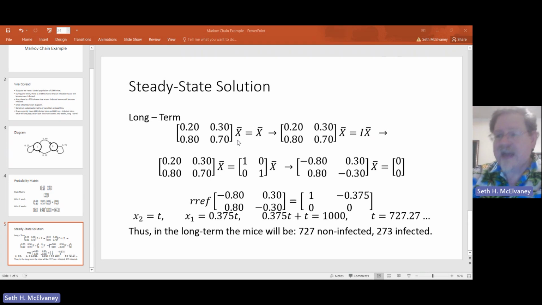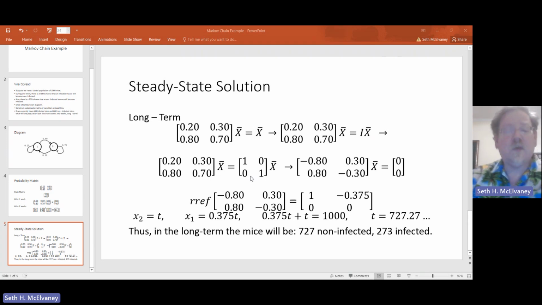Using our old algebraic ideas, we would think of X bar as 1 times X bar, but in matrix multiplication, there's no such thing as a one matrix. We have the identity matrix, I, which is ones along the main diagonal, from top left to bottom right, and 0 everywhere else. So there is our identity matrix.